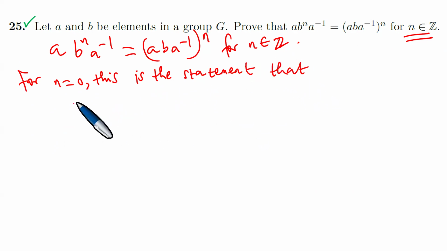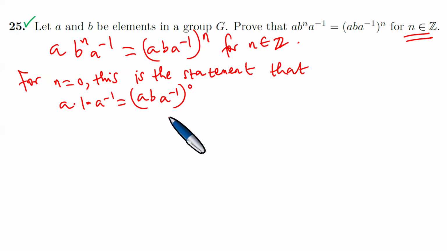The statement is that A times 1, A inverse is AB, A inverse to the 0th power.